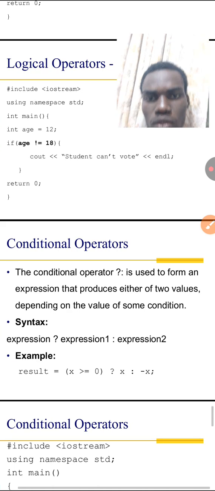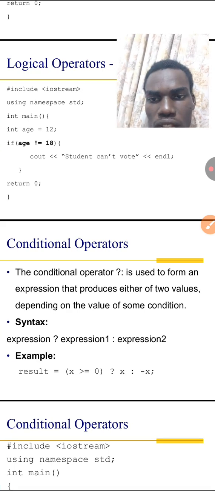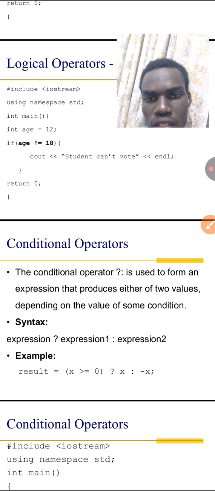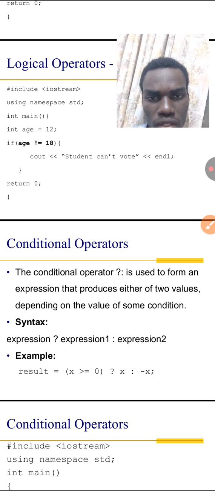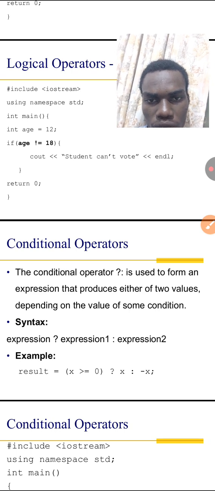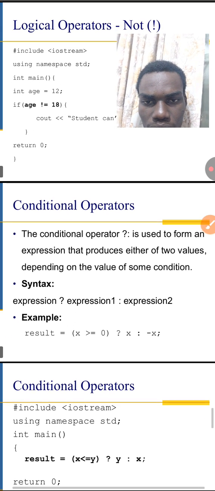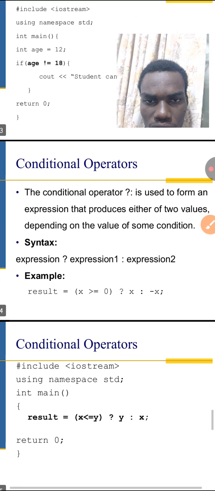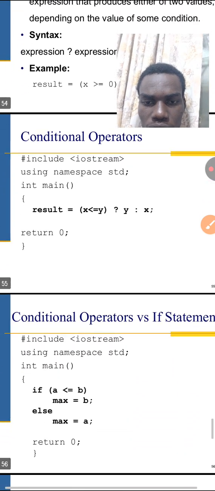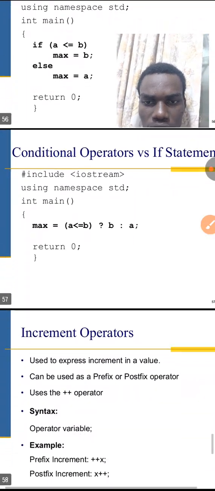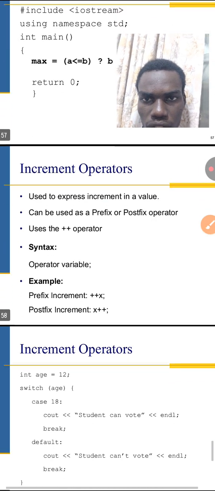Now let's look at conditional operators. The conditional operator, with the question mark, is used to form an expression that produces one of two values depending on the value of some condition. Now let's look at increment operators.